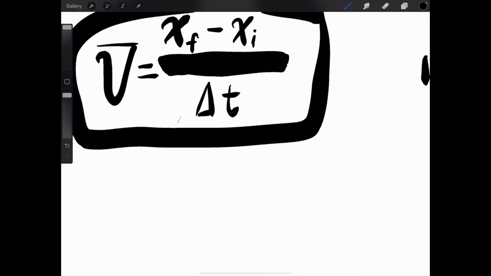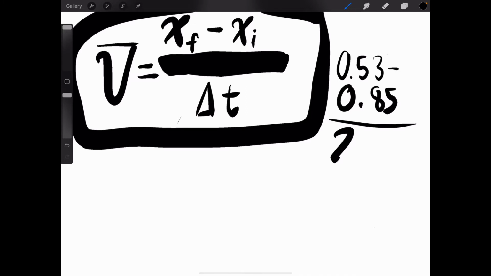The displacement over time. When we insert the numbers, it is 0.53 minus 0.85, which is the displacement, divided by 25.1 seconds. And I'll give you 20 seconds to do the math.